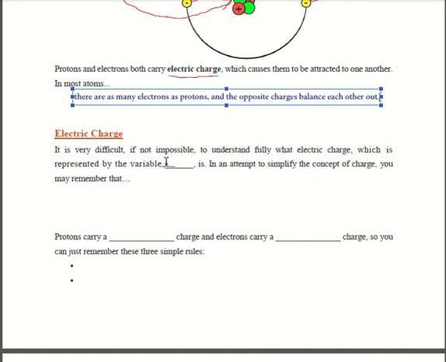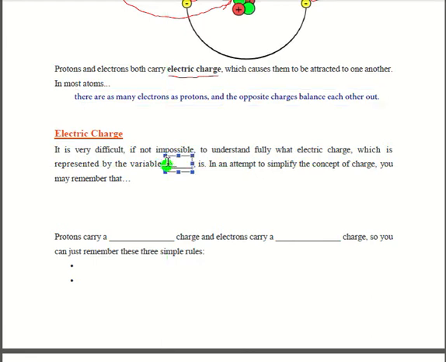For all that we need to know in this class, it's just some kind of property that some object has. So it's like mass. You know, what is a mass? It's just something that there is. So charge is just something that some things have, and it's represented by the variable q, lowercase q. Remember, big Q we had for heat.